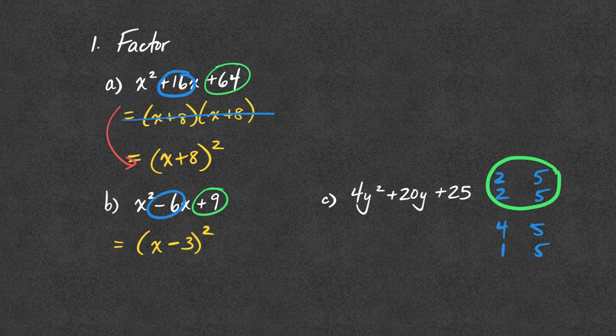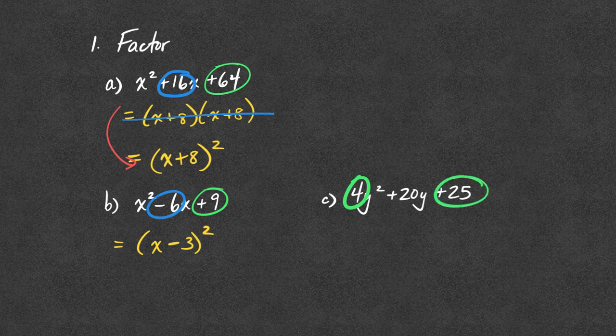The same pattern exists. As soon as you see, hey, perfect square, hey, perfect square, now we're starting to think about our fast factoring. Well, if that was a 2 and a 2 and a 5 and a 5, 5 times 2 is 10.